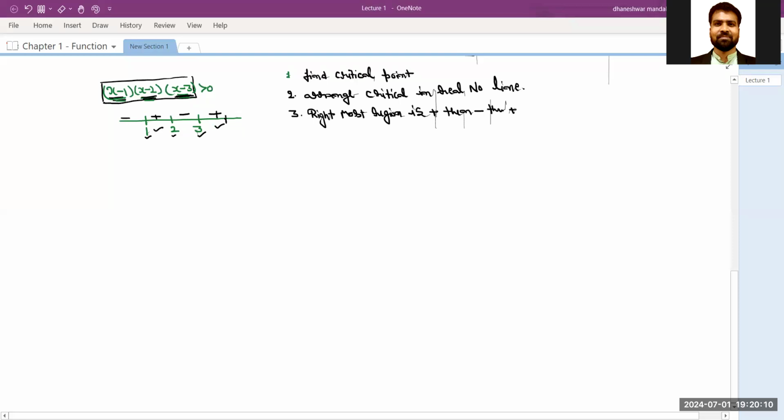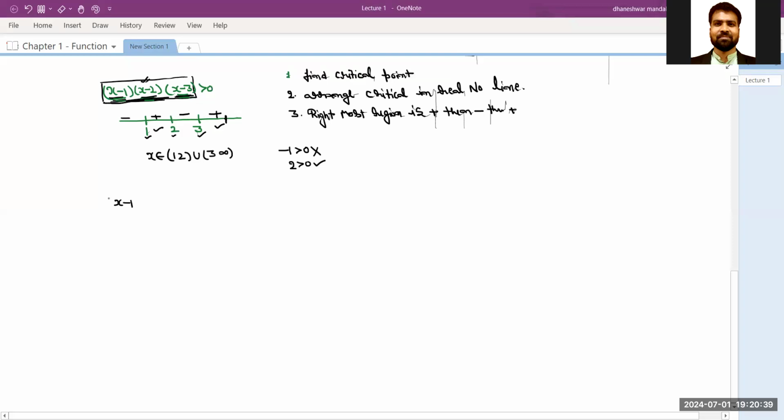Because if I take any number from here, then this expression becomes positive. If I take a number from the negative region, then this is wrong, and if I take 2, which is greater than 0, this is right. That's why I'm taking the positive sign from here. So what is the solution from here? X belongs to (1, 2) union (3, infinity). Okay.